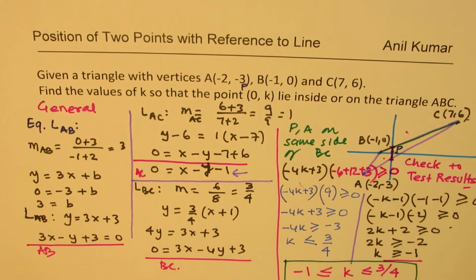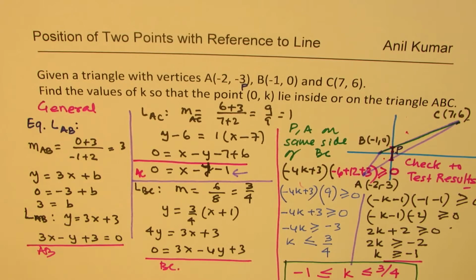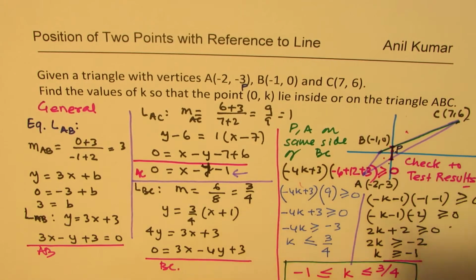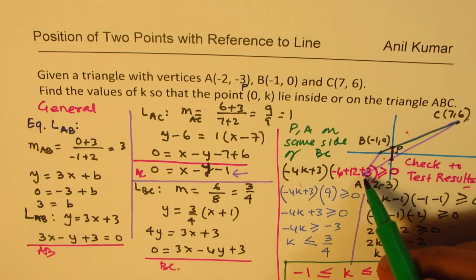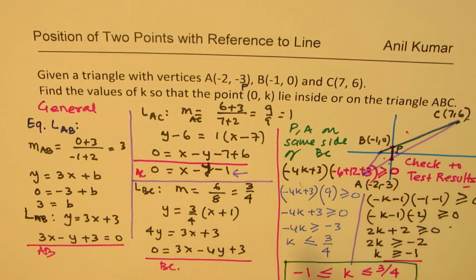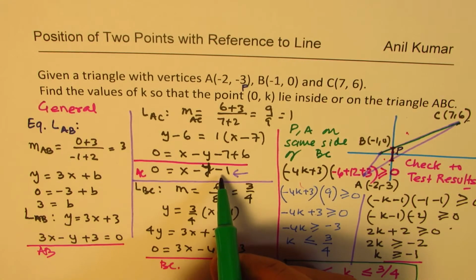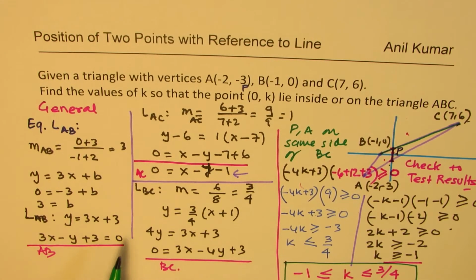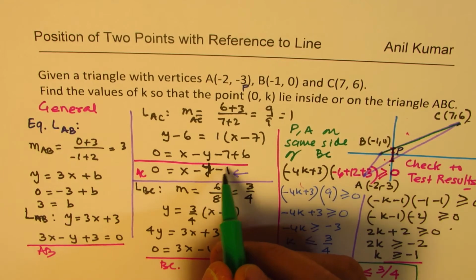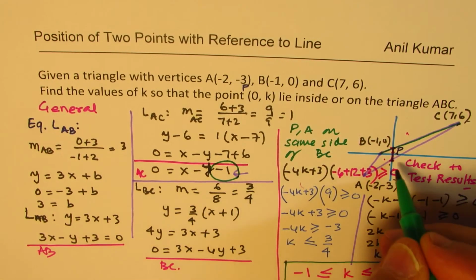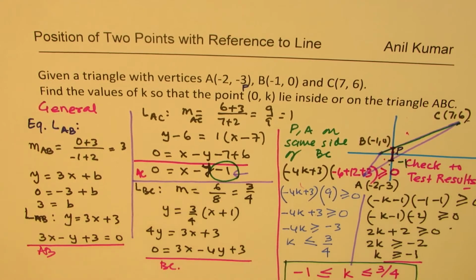Okay, if this was a simple question based on multiple choice questions, you could have done it by finding the y-intercepts, right? Now, as you can see from here, if you look into these two lines, AC, what is the y-intercept? The y-intercept for AC is basically minus 1, right? So this is a y-intercept, correct? We know this is minus 1 for AC.